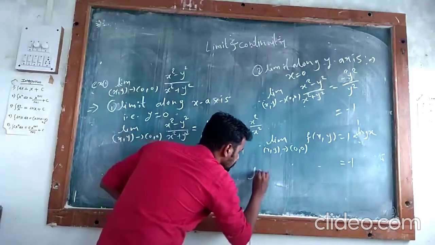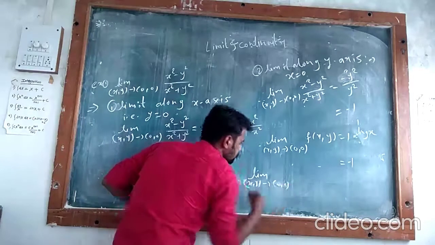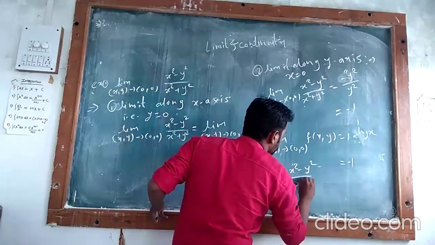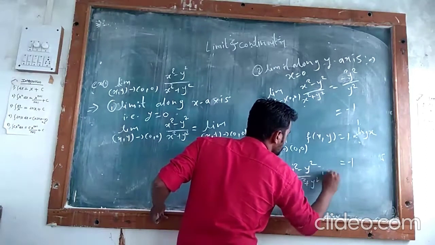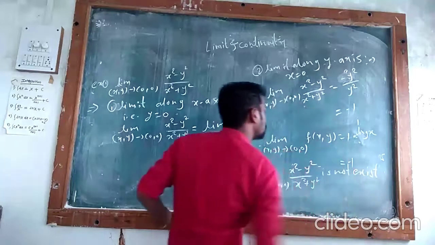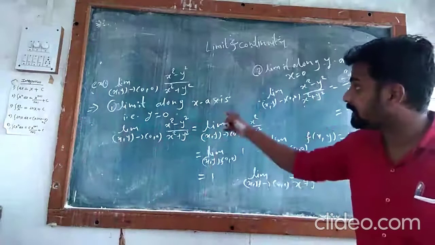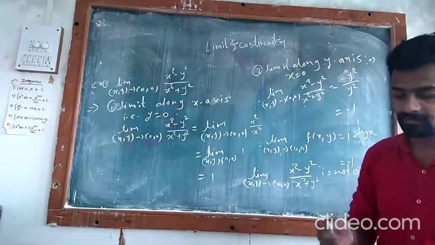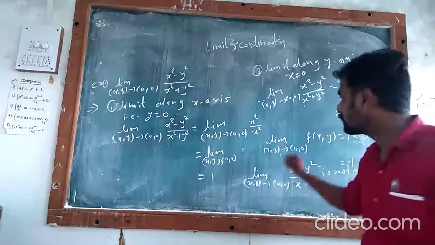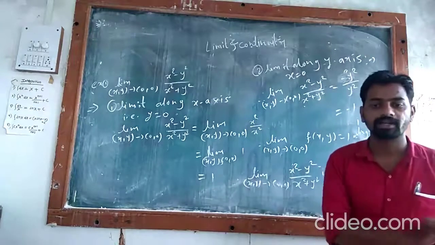Therefore the limit as xy tends to 0, 0 of f of xy, means x square minus y square upon x square plus y square, does not exist. Because if the limit exists, then it is unique. Here we are finding by x axis. If the limit along x axis is 1 and the limit along y axis is minus 1, both are different limits. Therefore this limit does not exist.